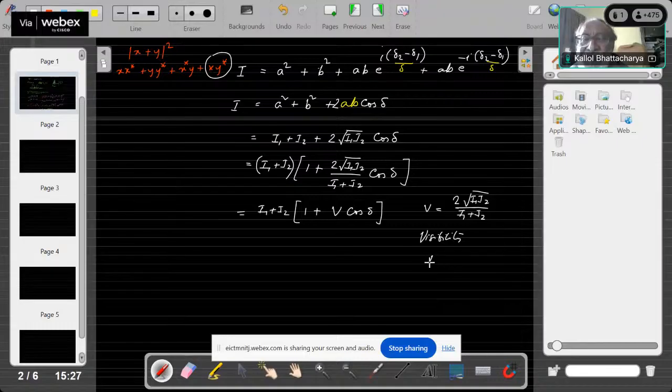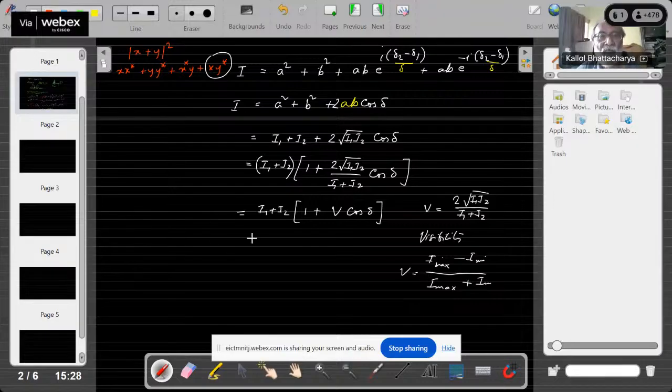So visibility or contrast is defined as I max minus I min, divided by I max plus I min. This is your contrast or V. Okay, right.